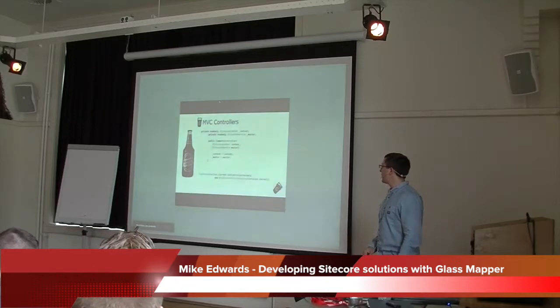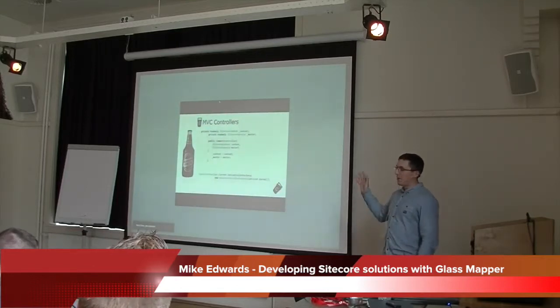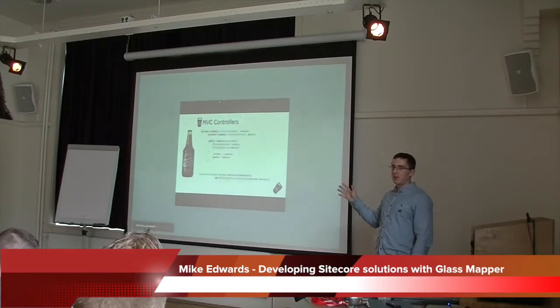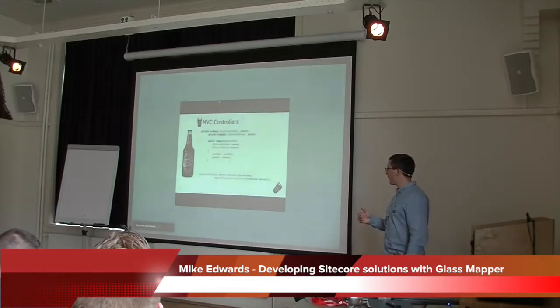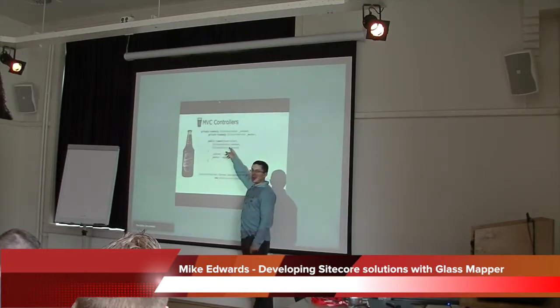So I'm going to come back to talking about controllers. This one here makes the assumption that you're not inheriting from the Glass controller. So you're going to just have your own standard MVC controller out of the box. And what I normally would do is I have this ISitecoreContext service, and this is my reading service.